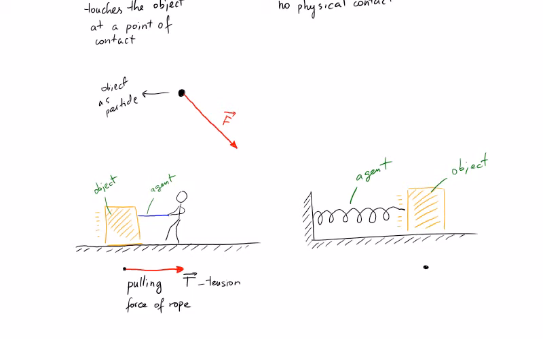Although in the picture you see the spring pushing the box forward, we always put the tail of our vector at the particle. So here is how you represent the force of the spring.